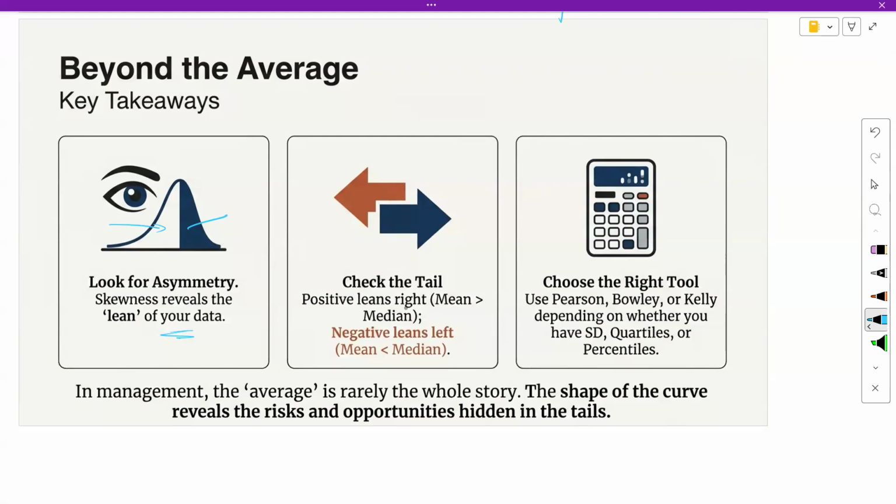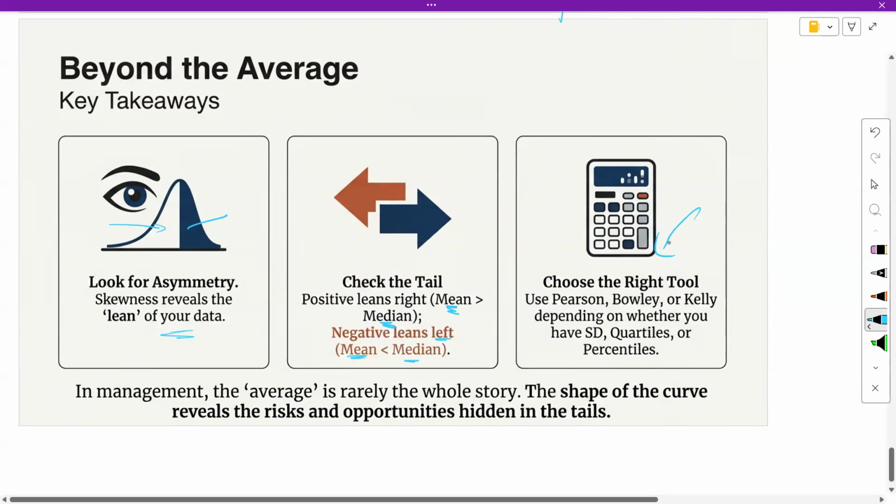Check the tail. Positive skew: the mean is higher than the median, and you can see the tail on the right. Negative skew: it's left skewed, and the mean is less than the median.